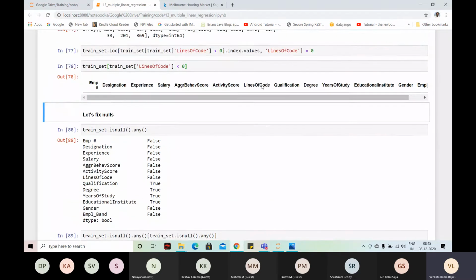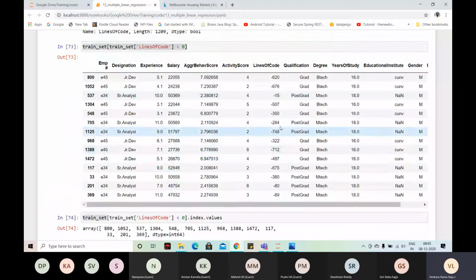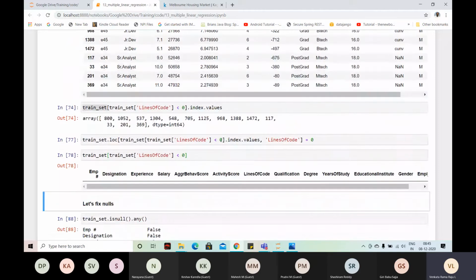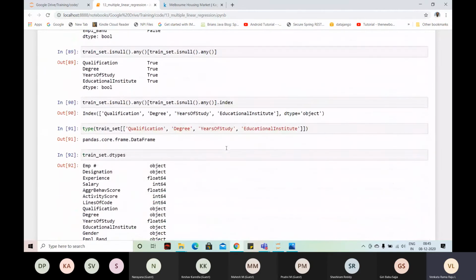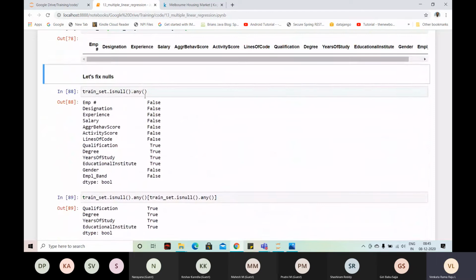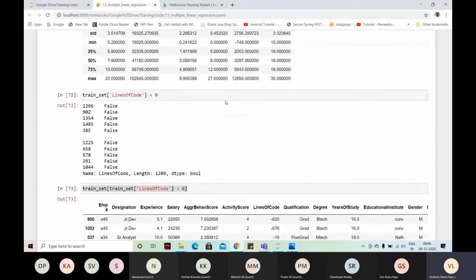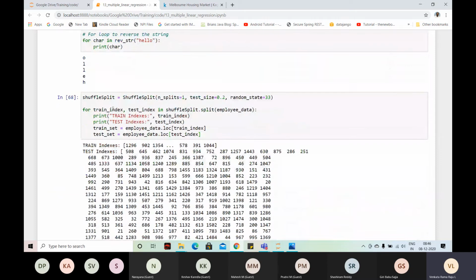Okay, so now we are trying to fix nulls. I looked into the describe outcome, found some problem in this column, fixed it, and I'm moving on to fix null values in the data. So I've taken the train set is null any. If you look at this, I split data into train and test, right?